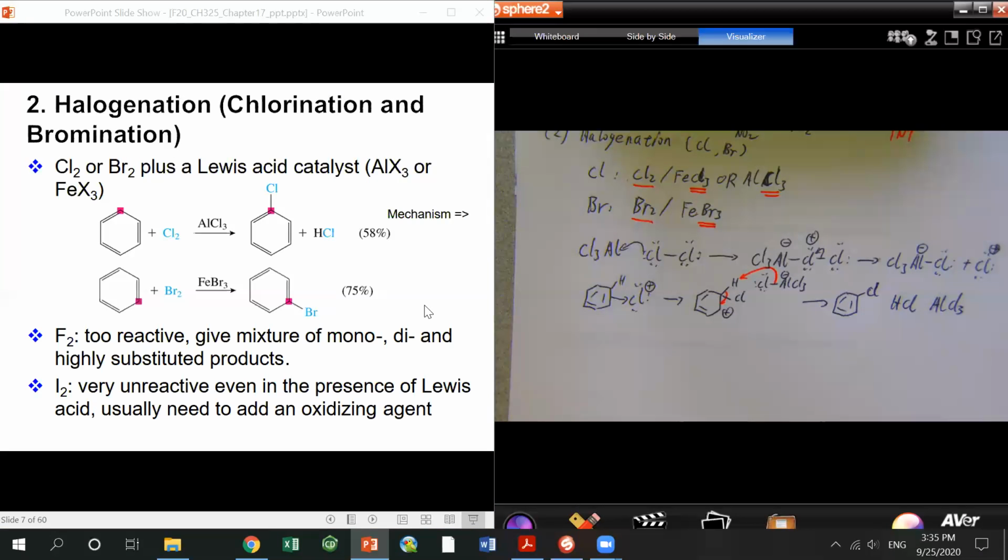Right. For this reaction we can only do chlorination and bromination, putting chlorine and bromine onto the benzene ring.